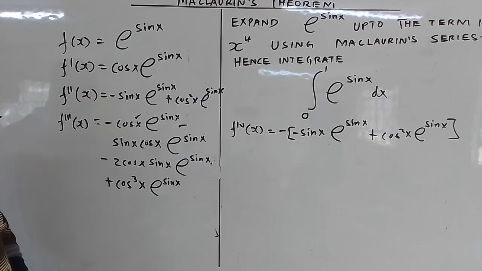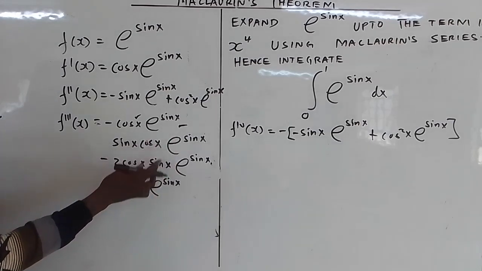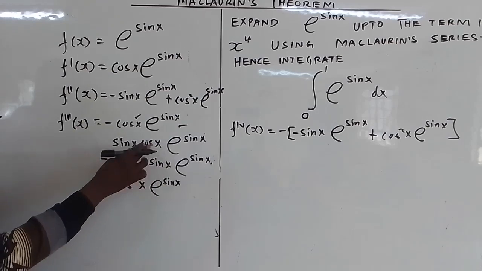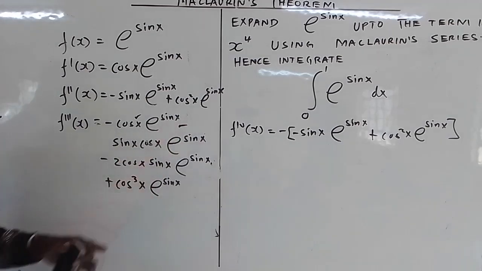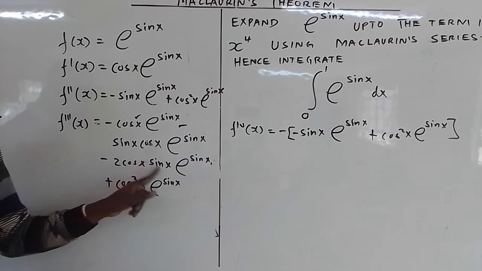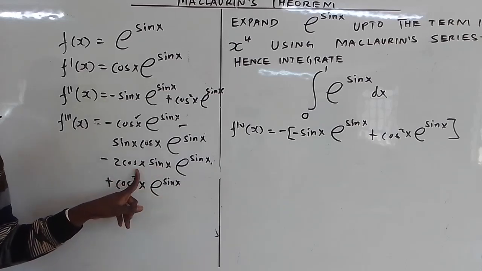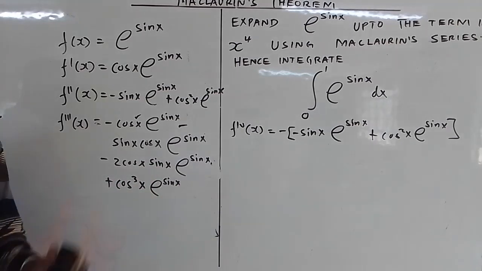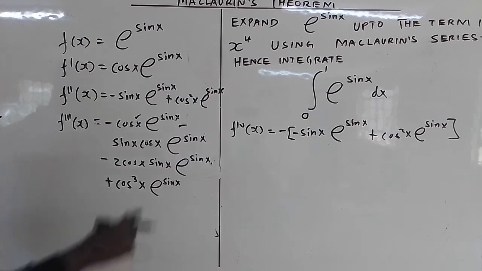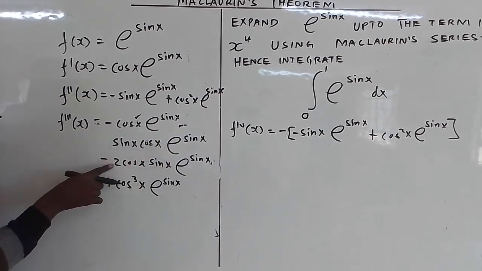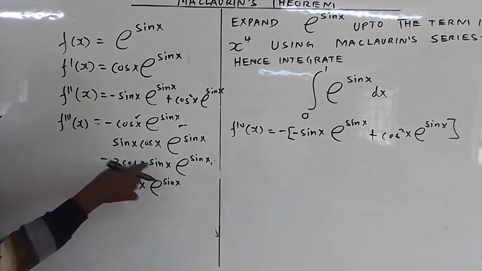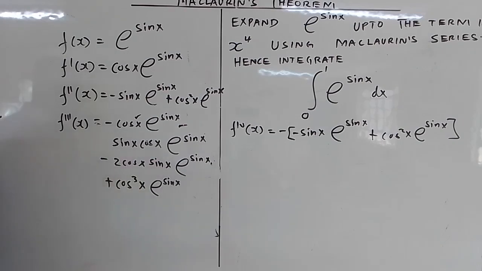Now, I want you to check something here. This term is the same as this term. It can be simplified, isn't it? This is minus sine x cos x. This is also minus 2 sine x cos x. So it is the same thing. So you can simplify that. Cos x sine x is the same as sine x cos x.